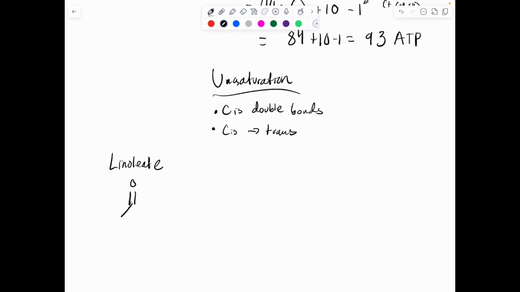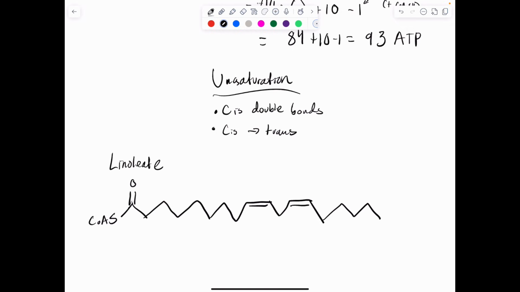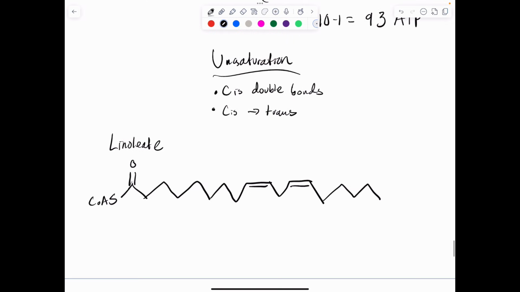It has coenzyme A, and it is 18 carbons long. 1, 2, 3, 4, 5, 6, 7, 8, 9, 10, 11, 12, 13, 14, 15, 16, 17, 18. All right, cool. So this is linoleate.